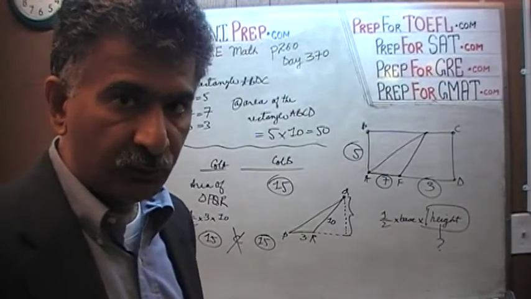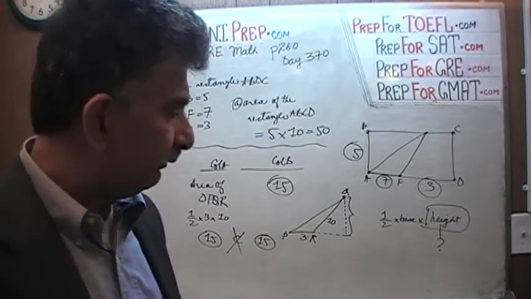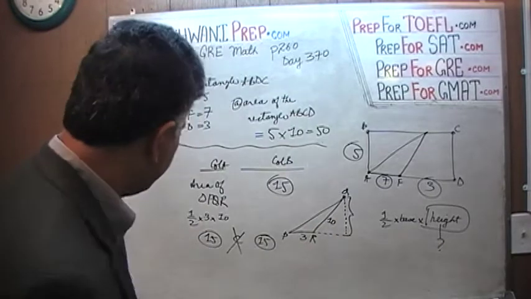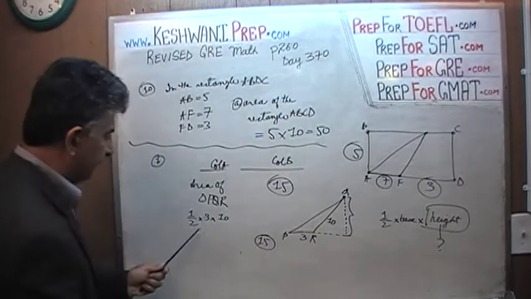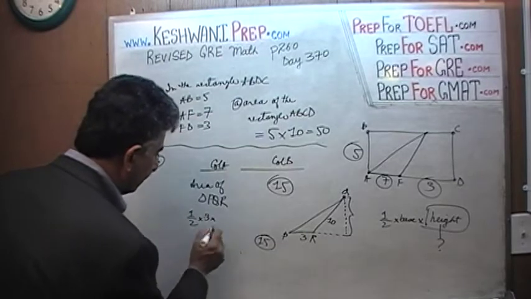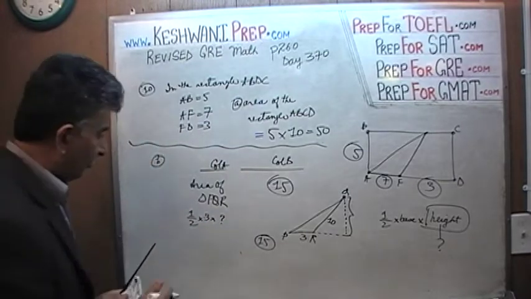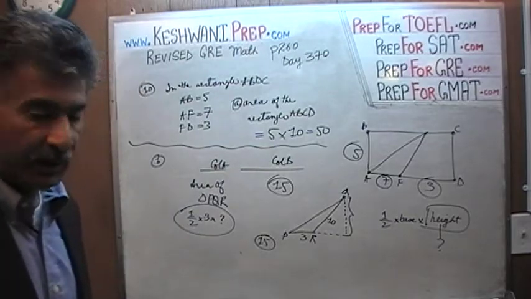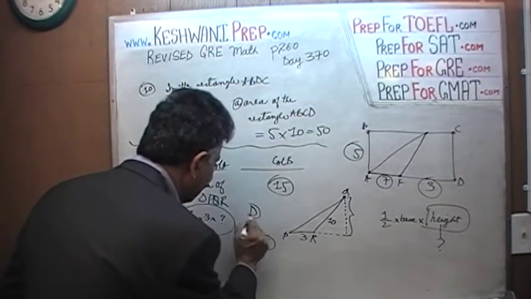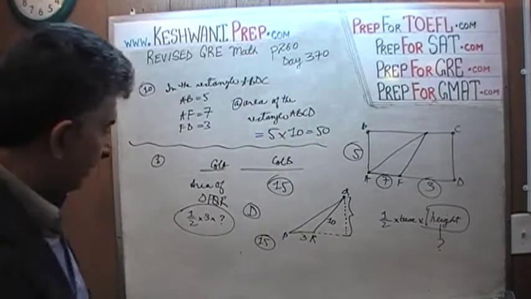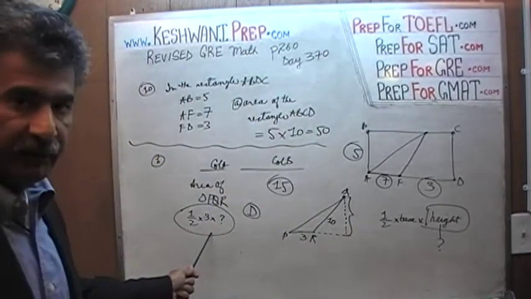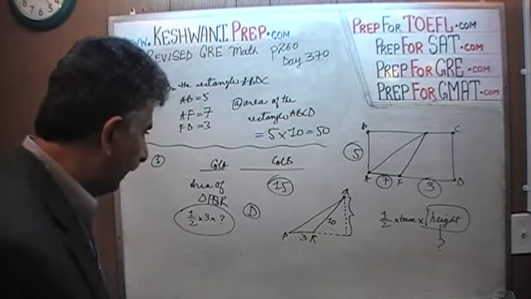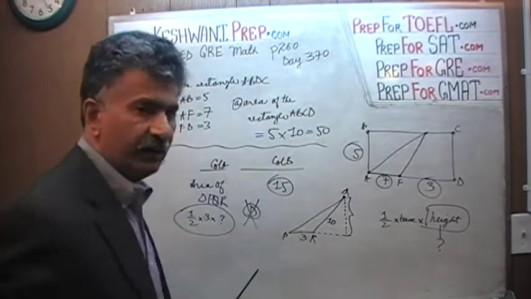But unfortunately, those students say to themselves that because we cannot figure out the height, they say, well, it's 1/2 base times height, which is an unknown quantity. There is no way we can calculate the area of this triangle, and therefore the answer is D, because we do not know what the area of the triangle is. They are also wrong. This answer is also wrong.